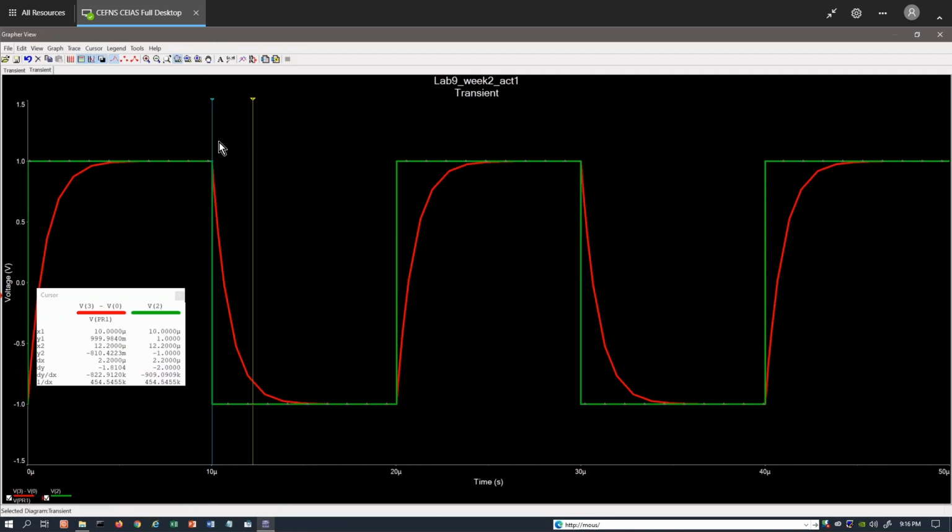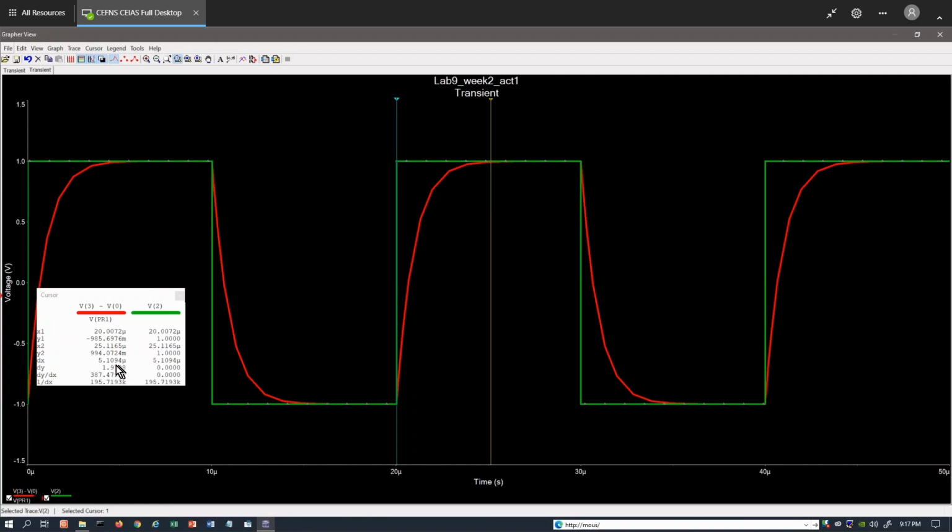Again, we move the first cursor to the starting point of our charging process, and the second cursor to the point we think is almost fully charged.